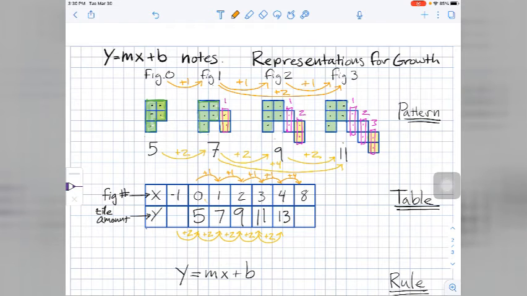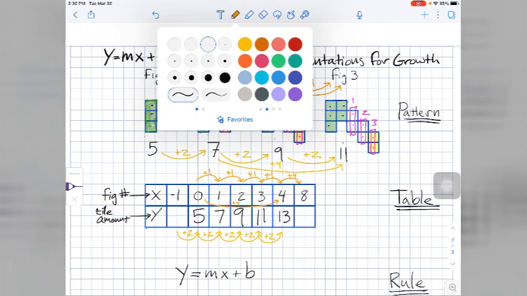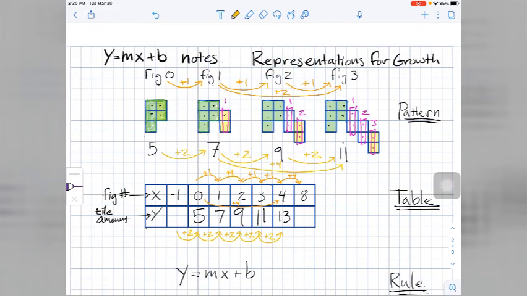If it goes from 0 to 4, my tiles go from 5 to 13, so my tiles go plus 8.